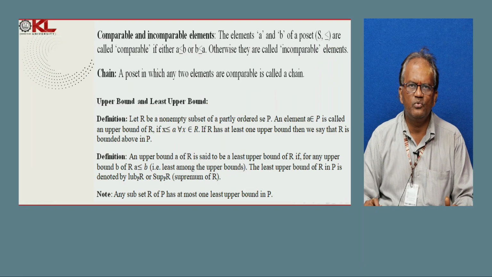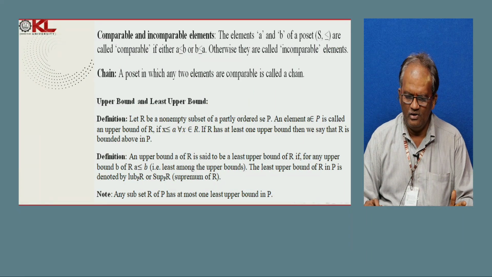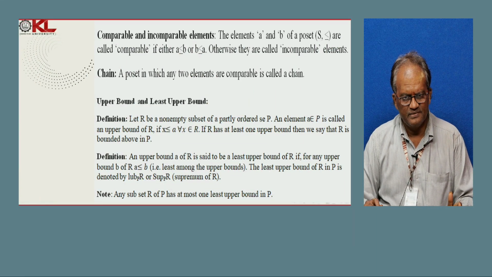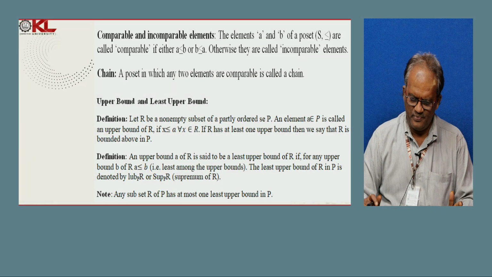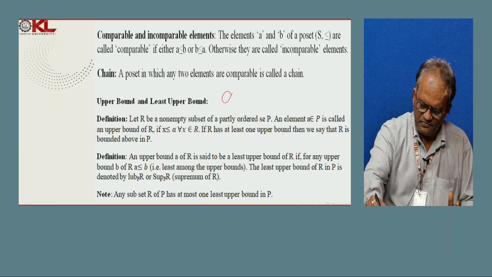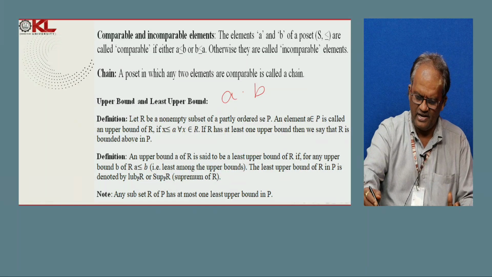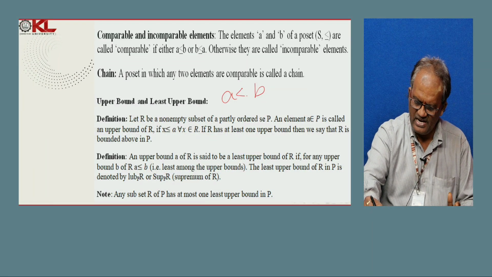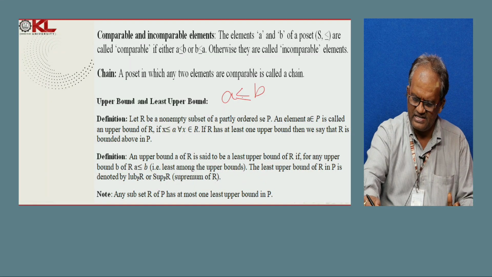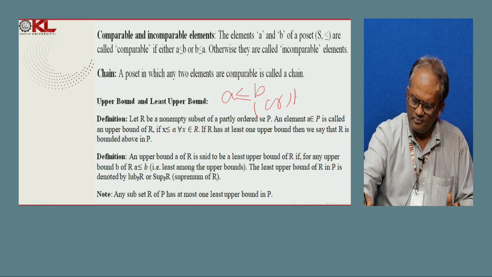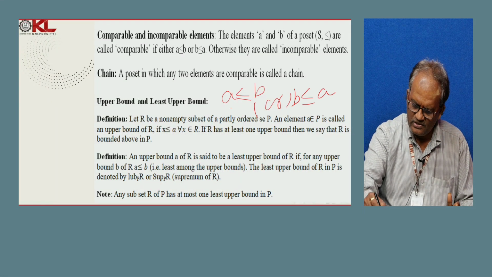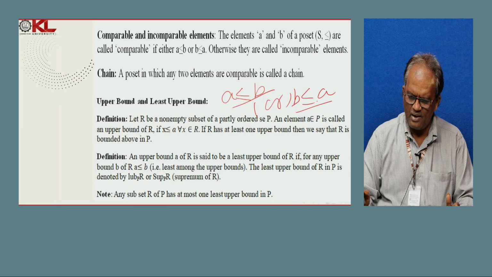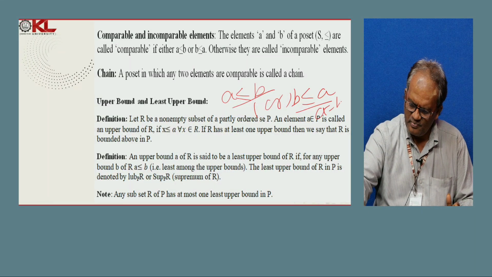So with this we will go to comparable elements. Comparable elements means how we compare. If two elements are integers, suppose A and B, we relate them: A less than or equal to B, or B less than or equal to A. Either of these two happens, otherwise they should be equal.